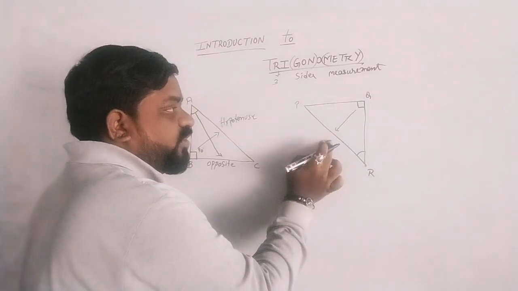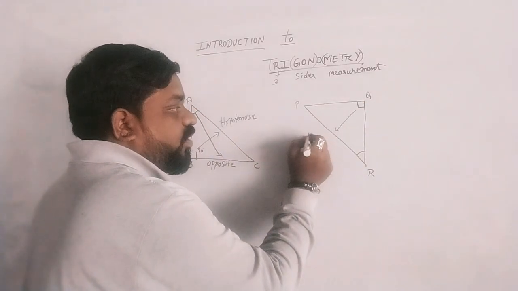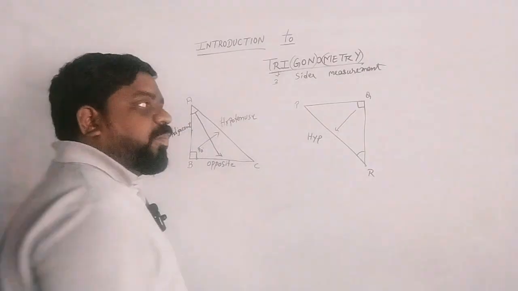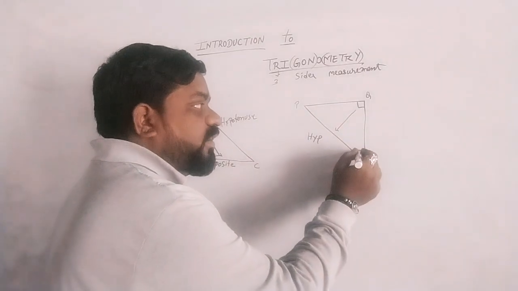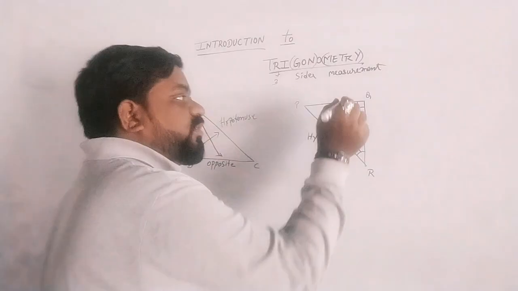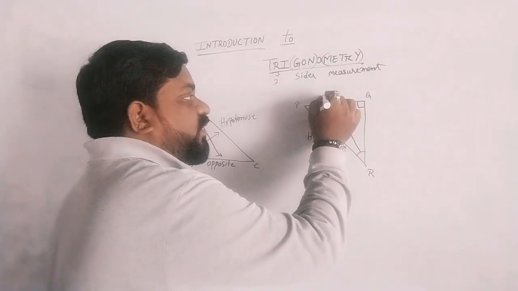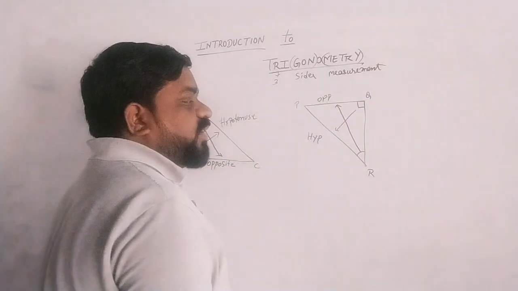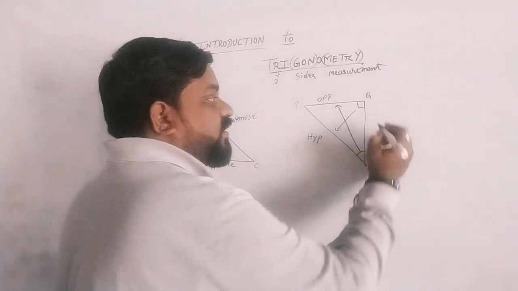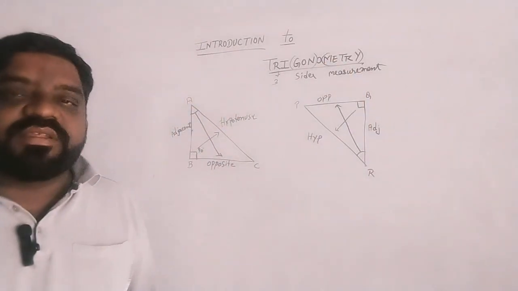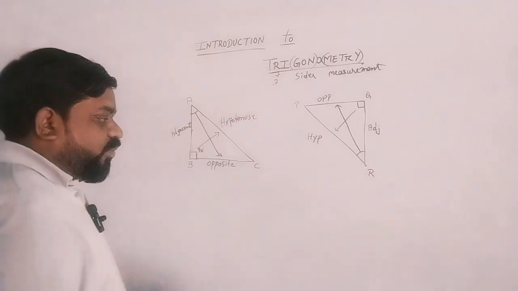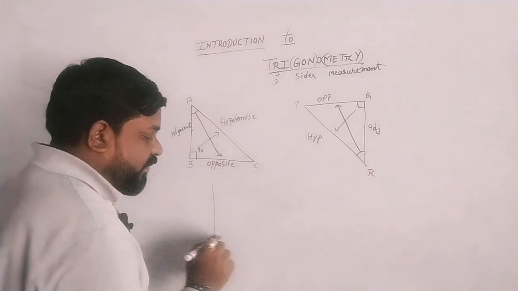The side opposite to 90 degrees we call the hypotenuse side. I have taken R as a reference angle. The side opposite to the reference angle we call the opposite side, and the remaining side we call the adjacent side.